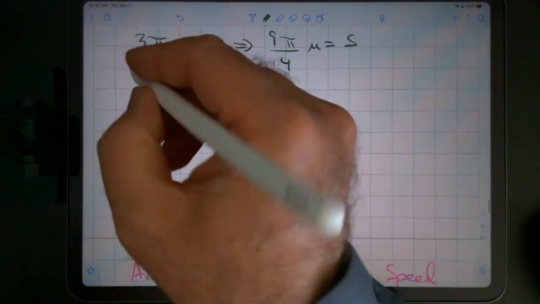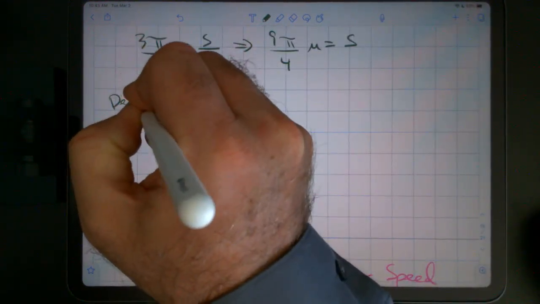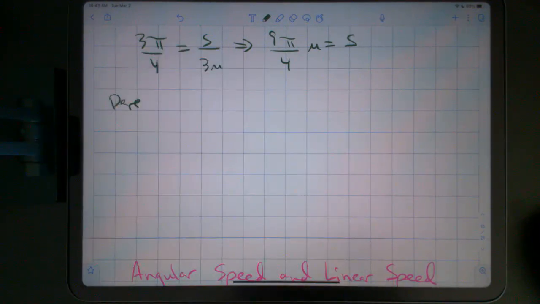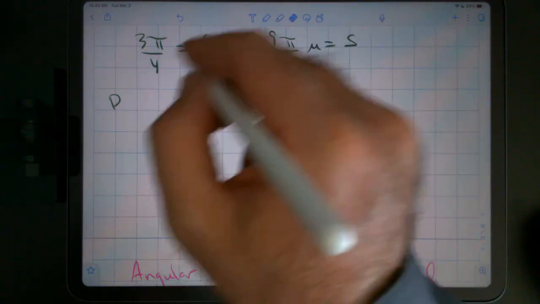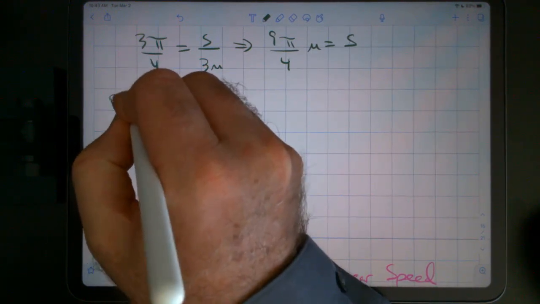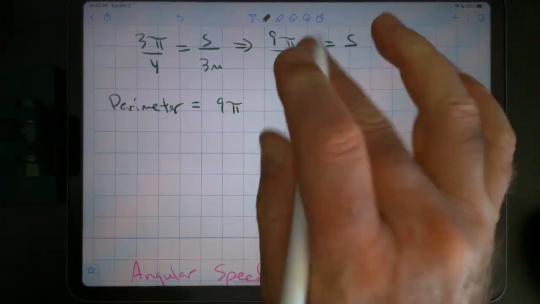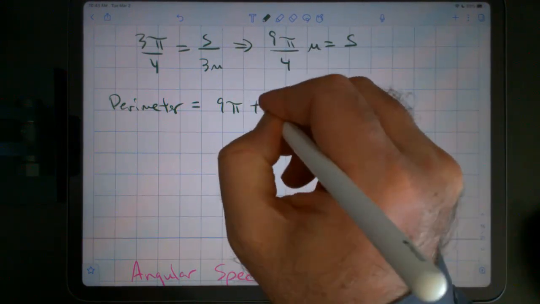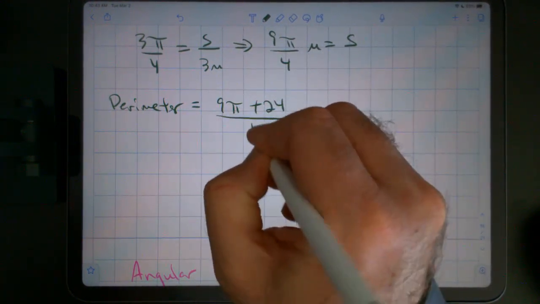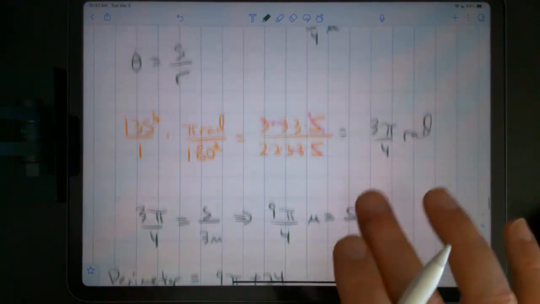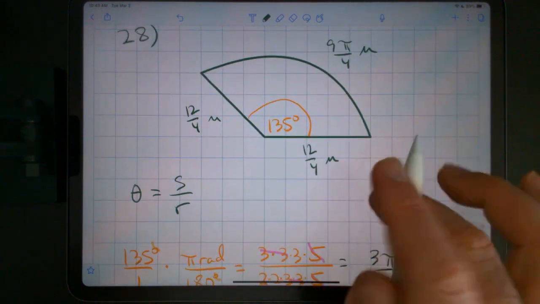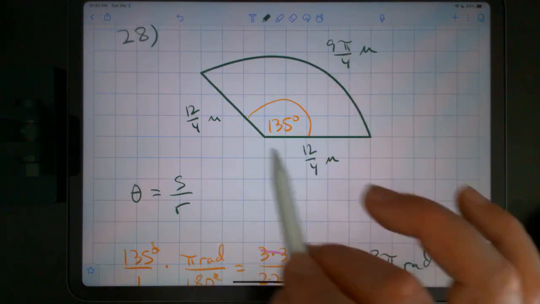So that the perimeter is this number plus this number plus this number.